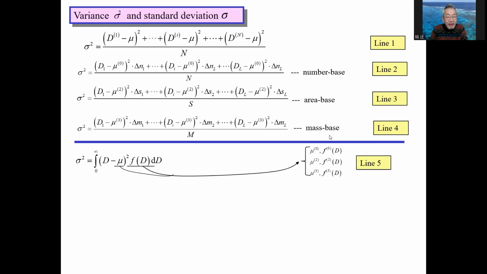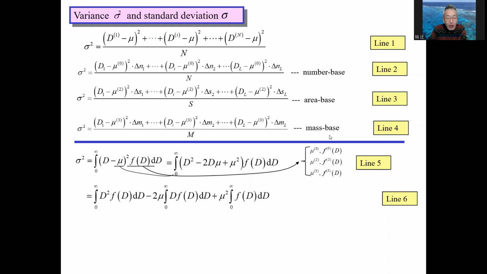The variance in integral form is shown by the first equation on the fifth line. The variances of the number-based, area-based, and mass-based are obtained by selecting the mean size mu and FD for each base.